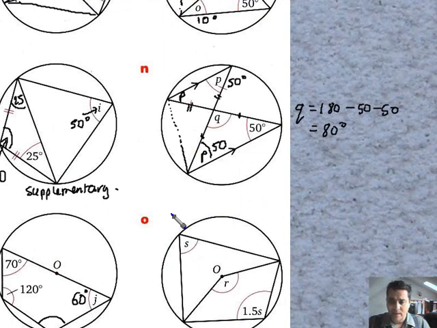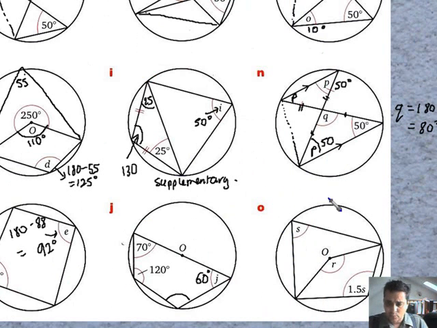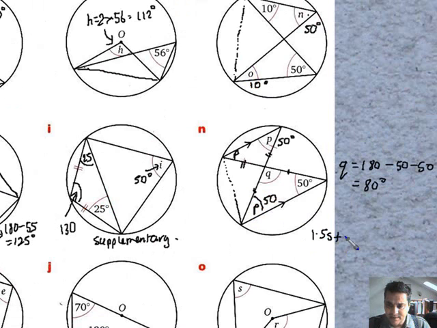Absolutely brilliant. And the last one, I presume, is the hardest one. We'll go for it anyway. I've got to work out angle S and R. Lovely. Well, look at it. I've got a cyclic quadrilateral. There it is. And you know the opposite angles in a cyclic quadrilateral are supplementary. That is, they add up to 180. So we can do a quick sum, can't we? We've got 1.5 S plus S equals 180.